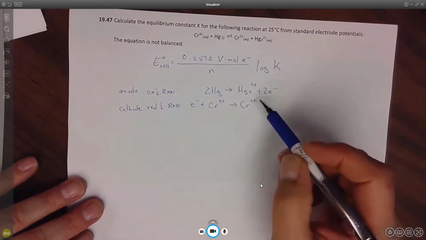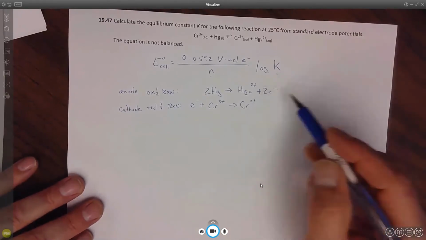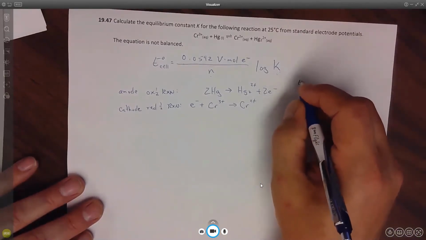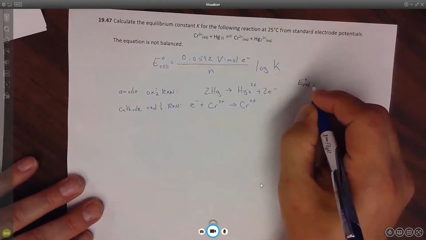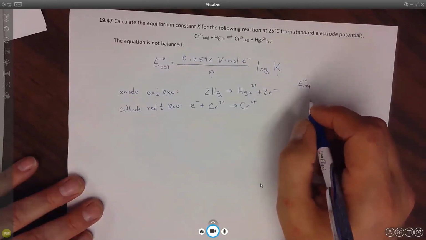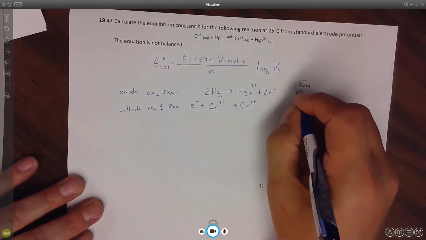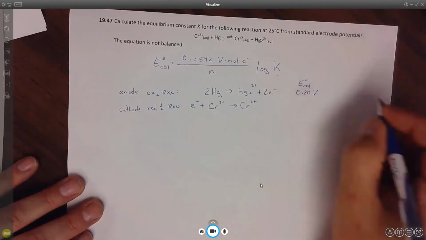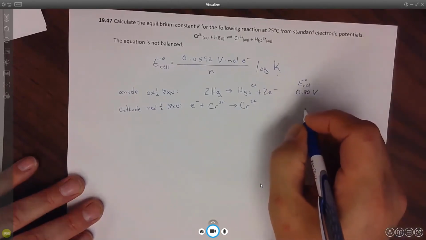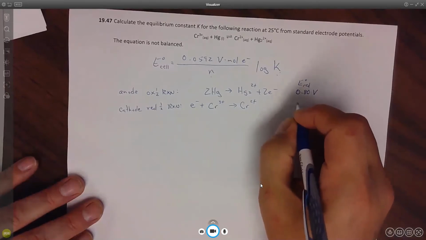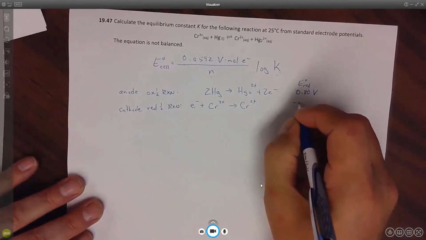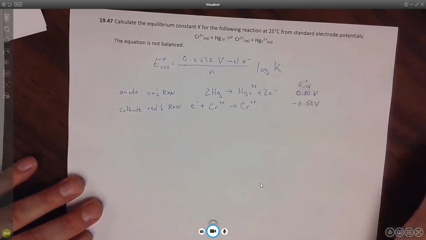Now, at this point, we could actually look up the reduction potentials in the tables. And so again, there's standard reduction potentials. The mercury has a standard reduction potential of positive 0.8 volts, and the chromium 3 going to chromium 2 plus is negative 0.5 volts.